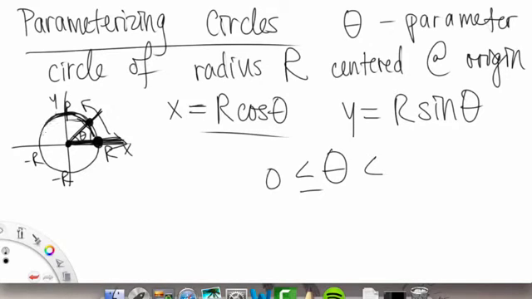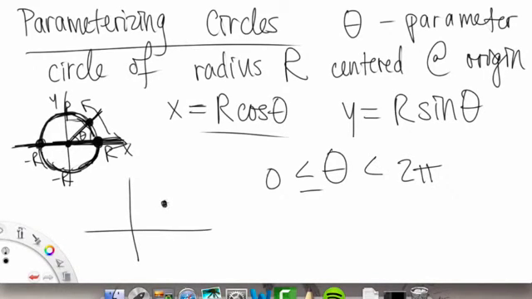We keep going, and when we're pointing in the negative x direction, that would be when theta equals pi radians, or 180 degrees. We keep going along the circle around the bottom, and we complete that circle at 2 pi.